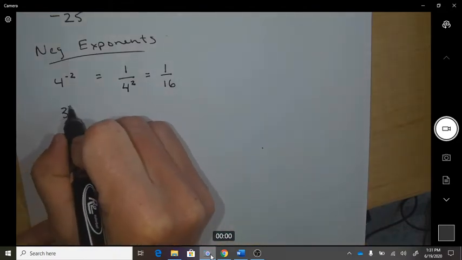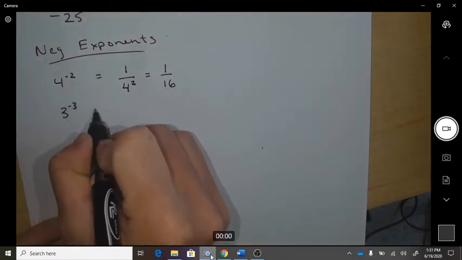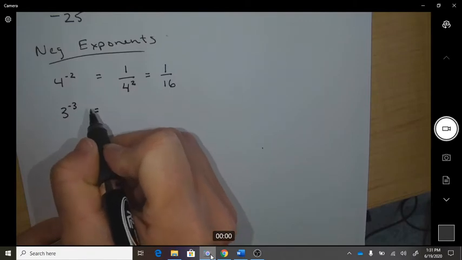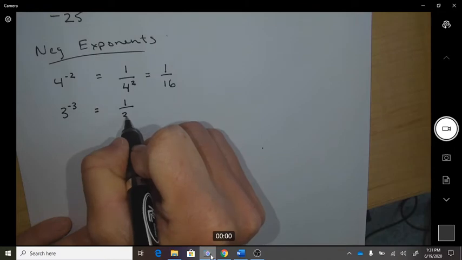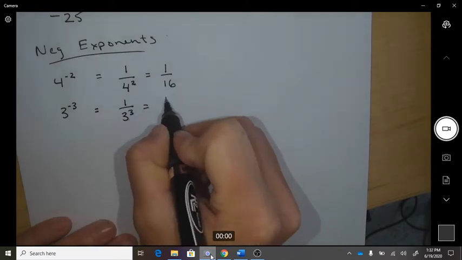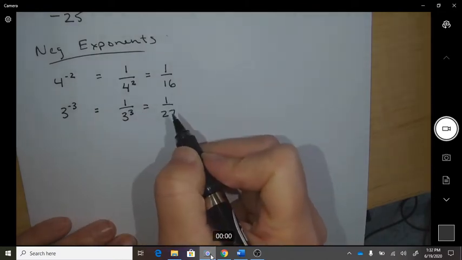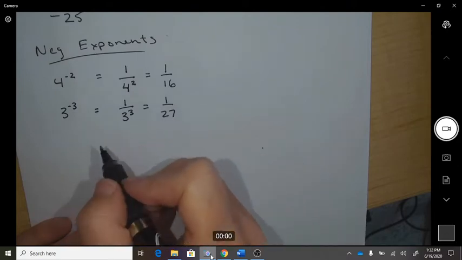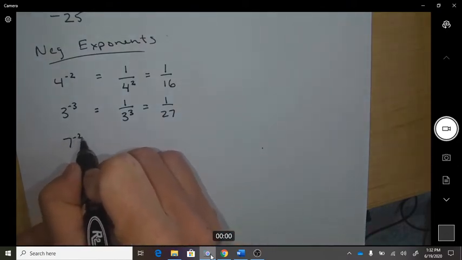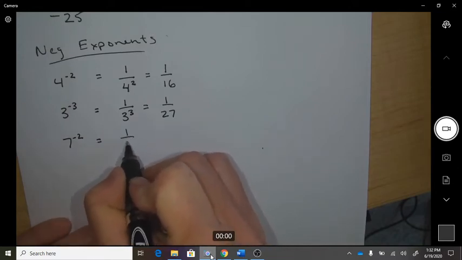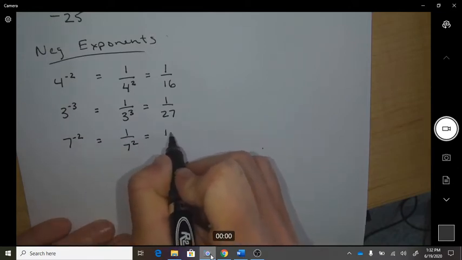Next, I'll go 3 to the -3. So I'm going to change it to 1 over 3 cubed, which is 1/27. And then another one would be 7 to the -2, which would become 1 over 7 squared, or 1/49.